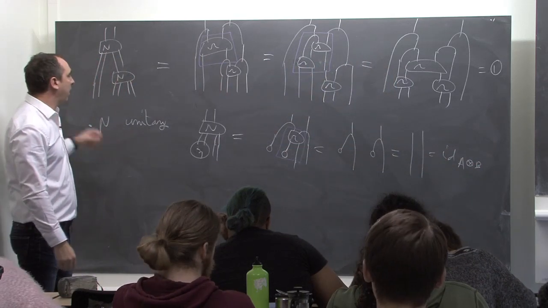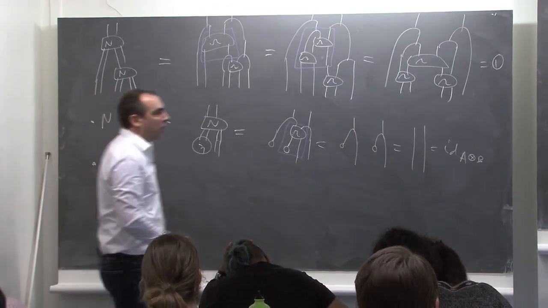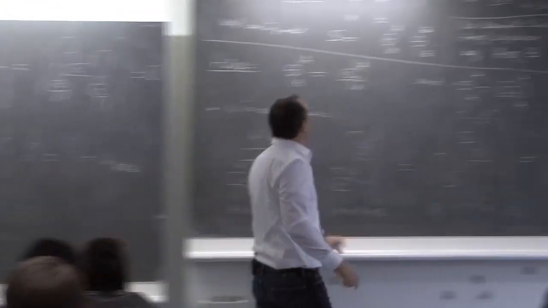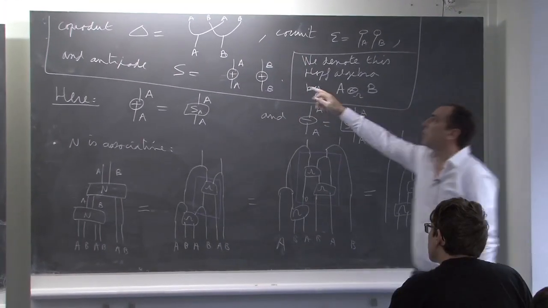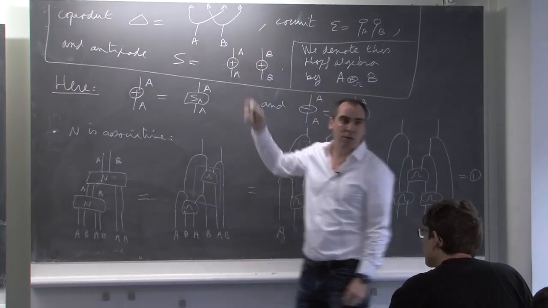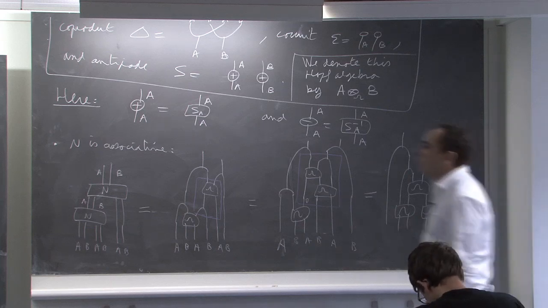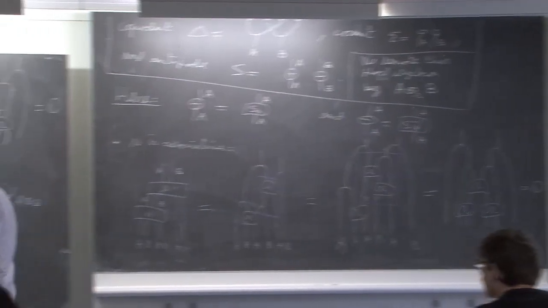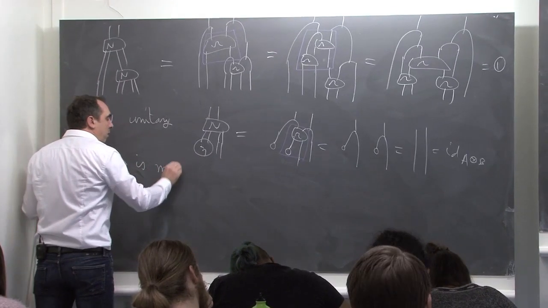So mu is unitary. Now, the co-associativity and co-unitarity of this, we have already seen it. It's just the product of two coalgebras. What remains to prove is that the coproduct is multiplicative.